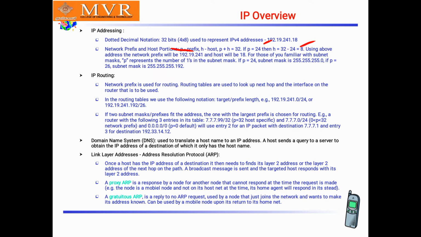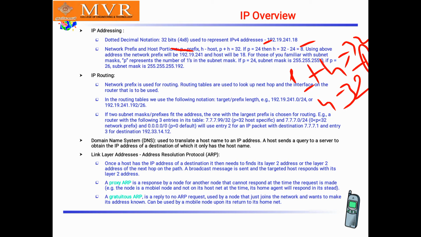Using the above addressing, the network prefix will be 192.19.241. See here the formula, p plus h equals 32, and if we find h, p moves to the right side with a minus sign. So h equals 32 minus p. The p value is 24, and 32 minus 24 equals 8.